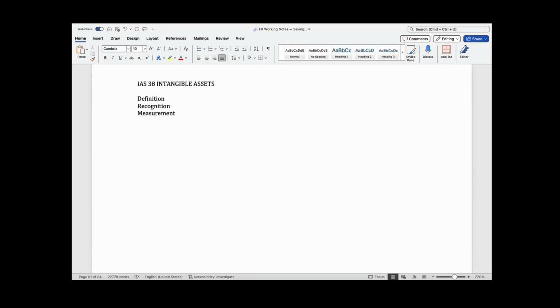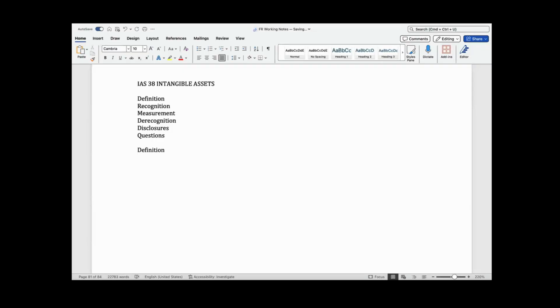Then how you measure them, then derecognition, then disclosure, then correction. So basically, this is what we want to look at. The earlier we finish all this, the earlier we'll leave this afternoon. As soon as we're done, we would go, because the mission is to start and finish this today.